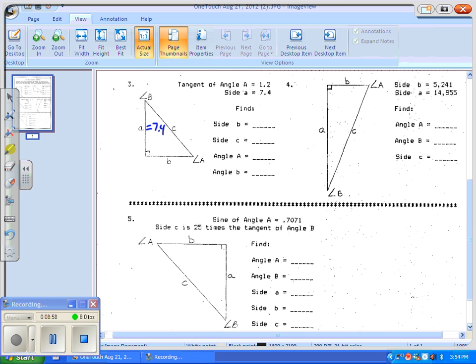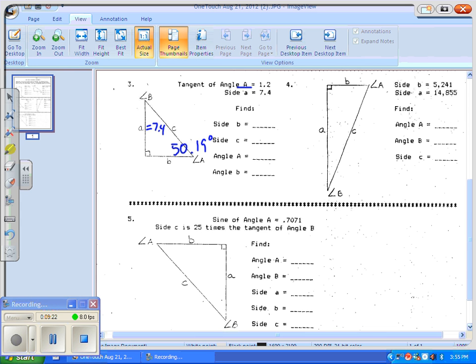We press second function tangent, 1.2, enter, and it tells us immediately that it's 50.2. 50.1944291, on and on, right?